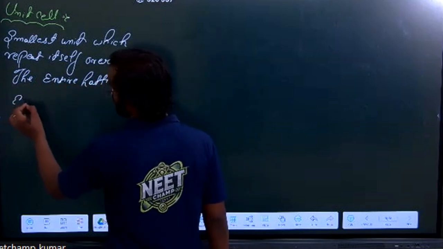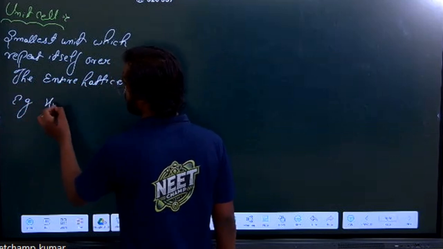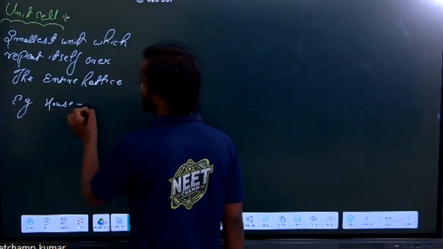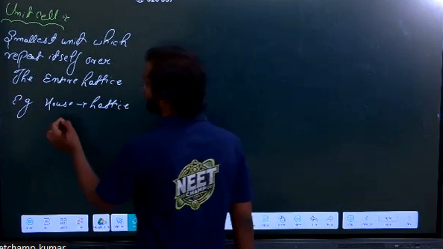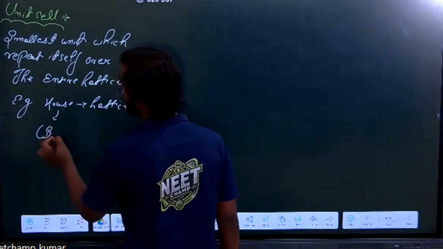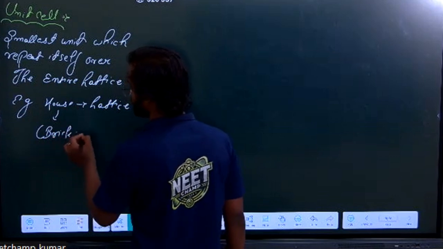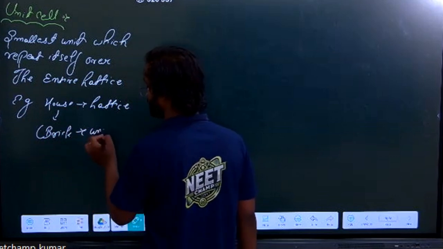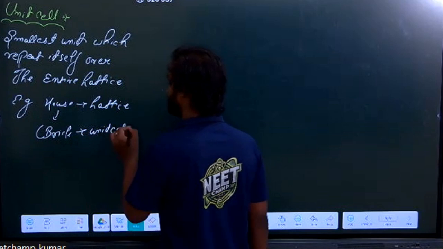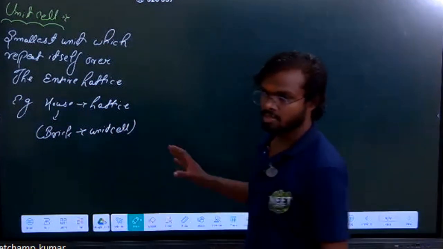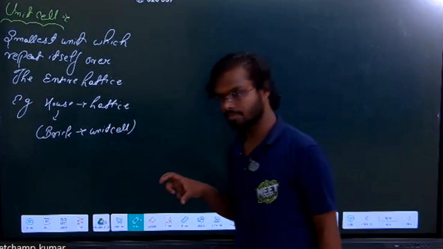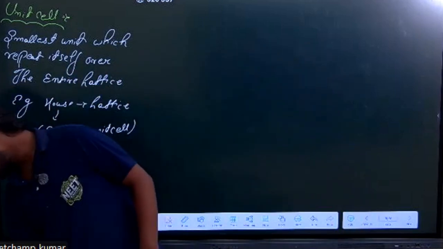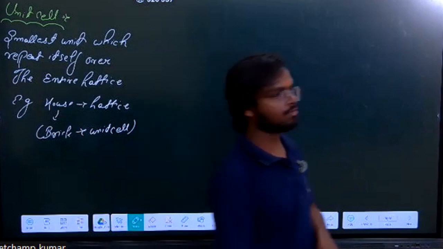For example, like a house. The house is a lattice, and the brick used here is the unit cell. Are you clear? Are you able to get this point, what the difference is between a lattice and a unit cell? Clear? Now the next thing is what the different types of unit cells are.